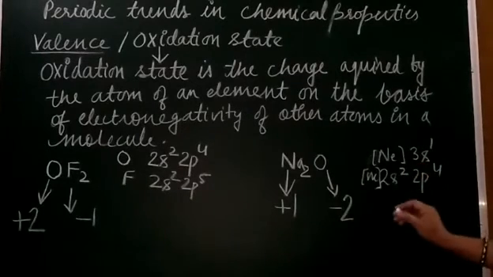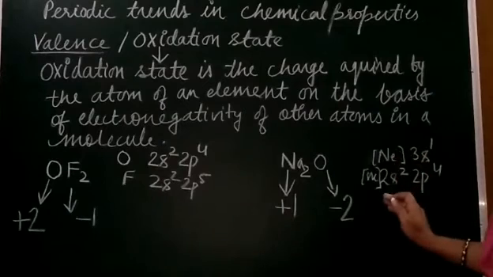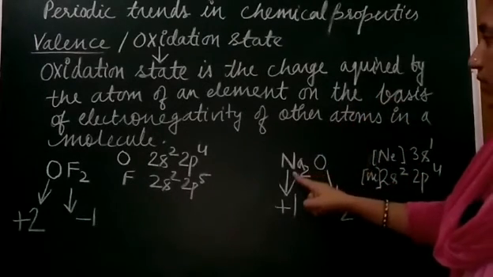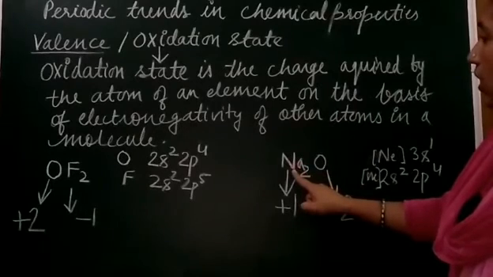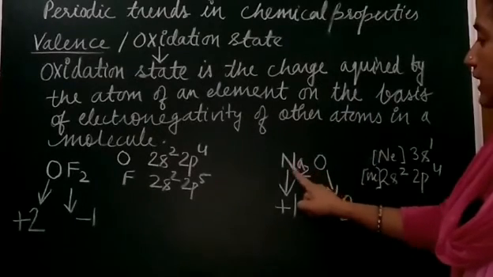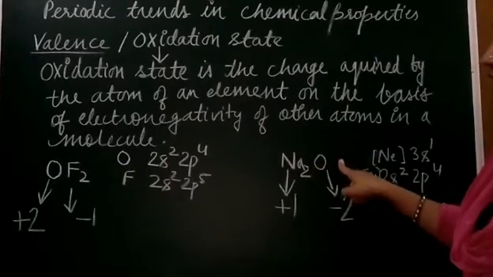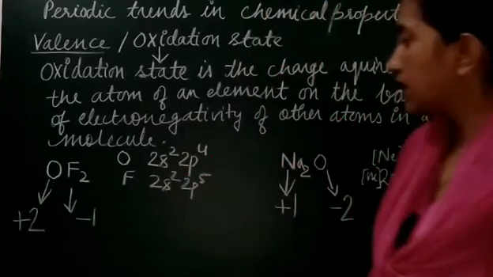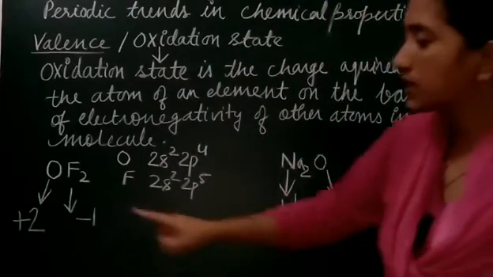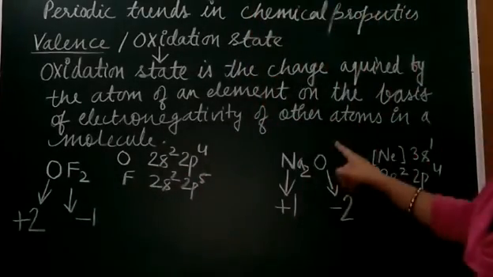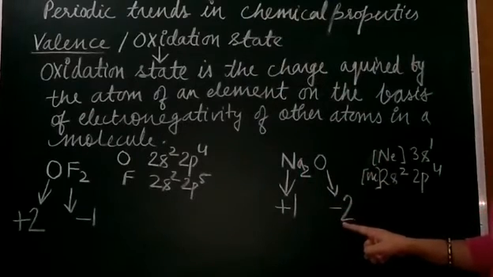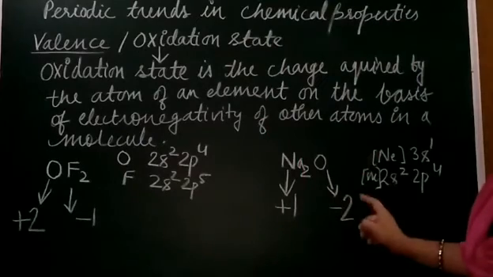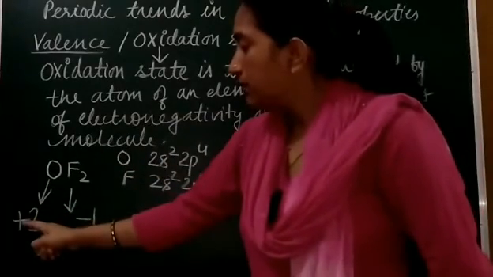Hope this is clear to you. What is oxidation state? Oxidation state is the charge acquired by the atom on the basis of the electronegativity of the other atom present. If you see here in this case, oxygen is getting the oxidation state of +2. But in the second example, it is showing the oxidation state of -2. So why was it +2 here?